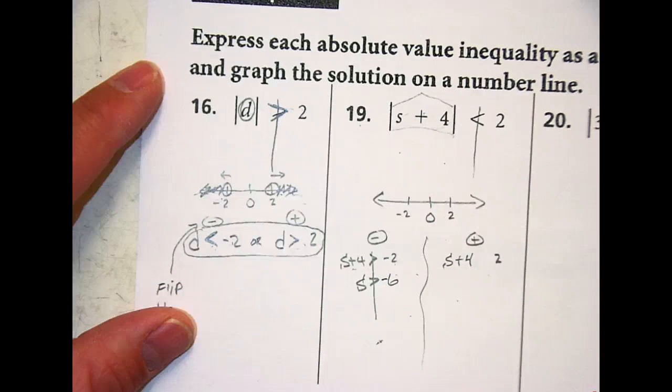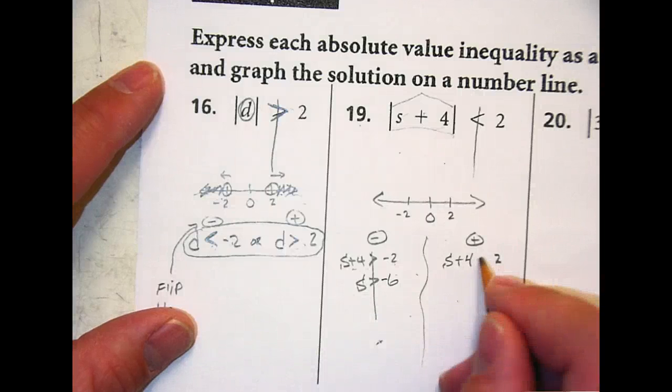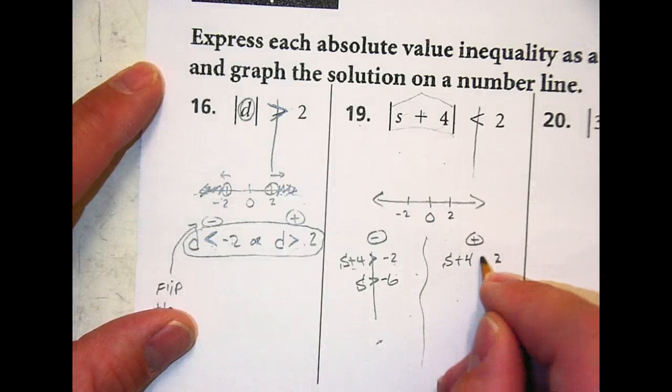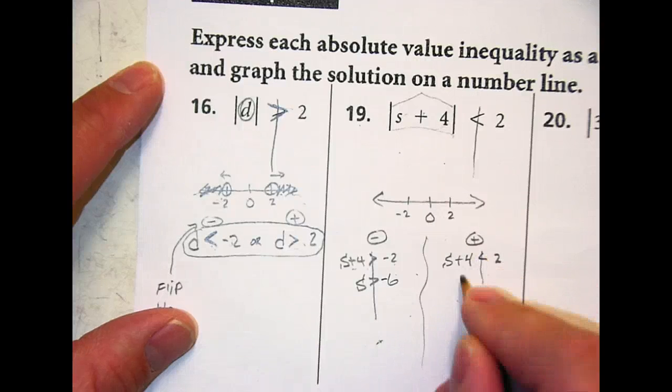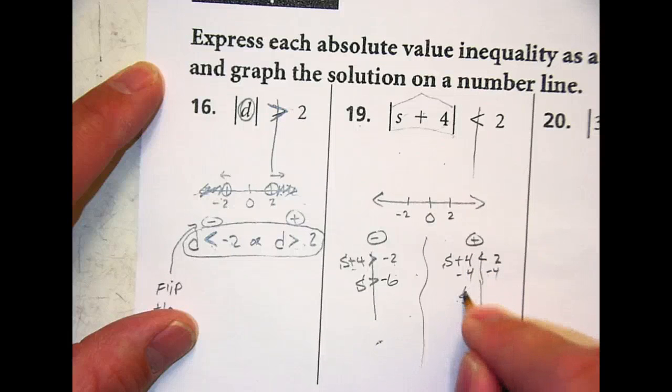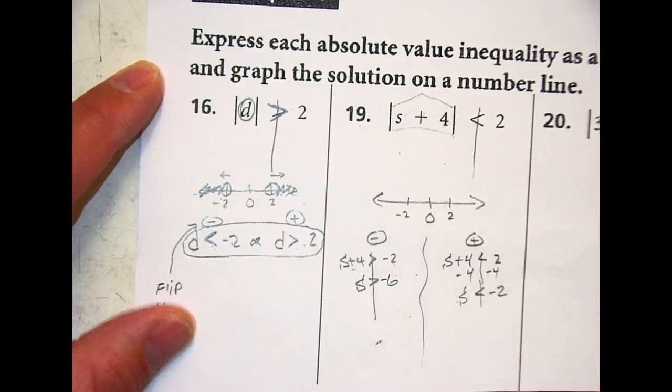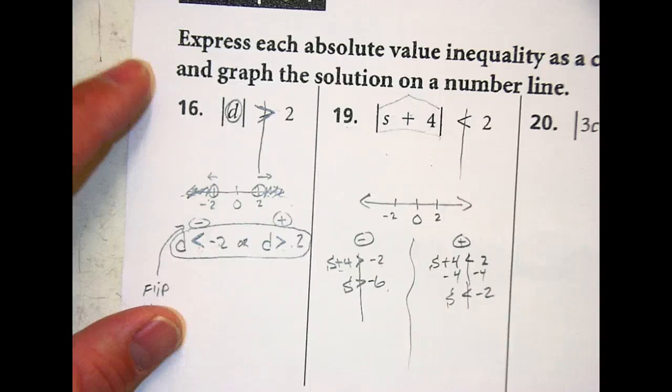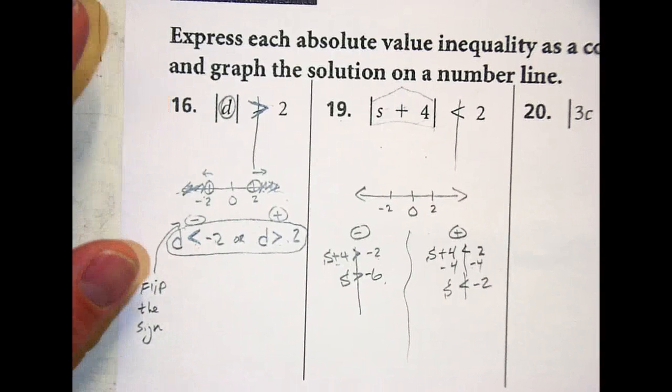Okay. How many got that one? All right. And here, if it's going to be +2, flip it around. And we get s is less than -2. Okay. How many got those two?